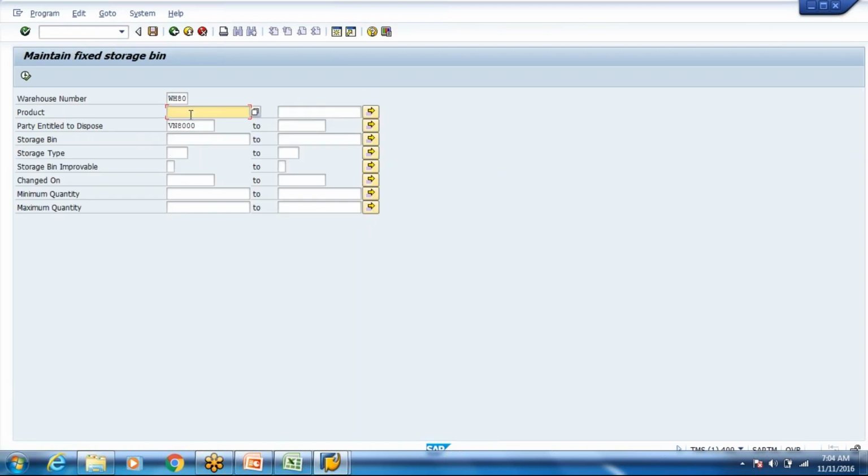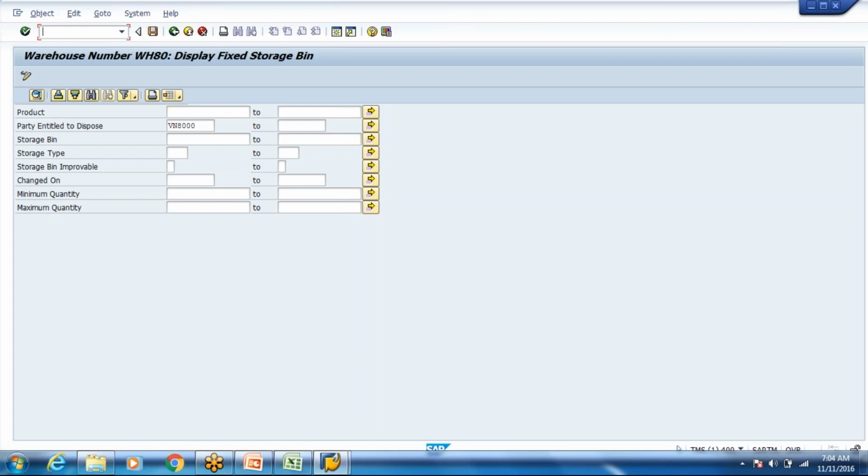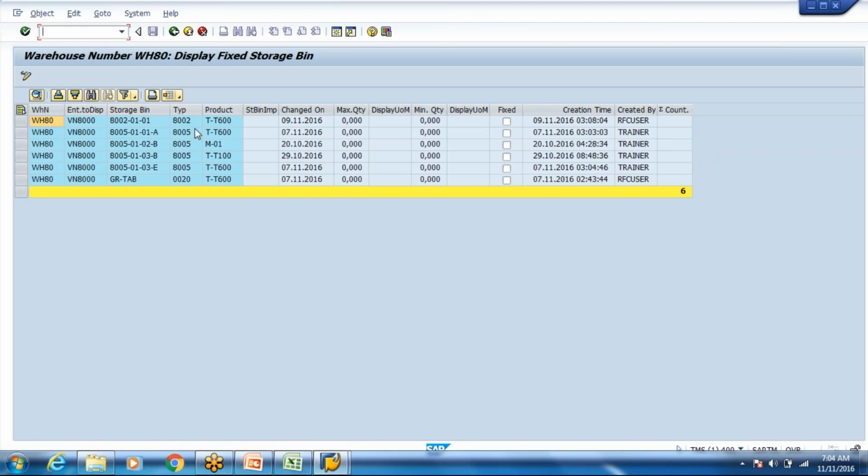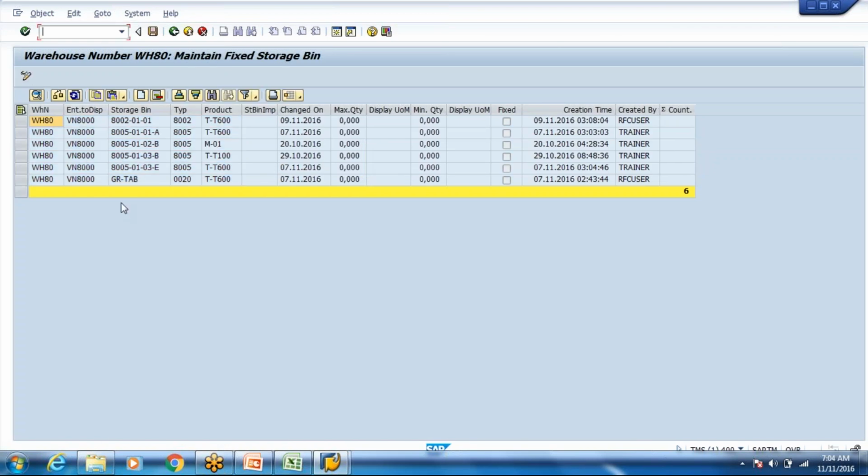In this bin match transaction, we'll go inside and change mode. Since we have already placed some stock in 8005, you can see a fixed bin is assigned to it. We are not looking for any other product, we just want to go for TST.